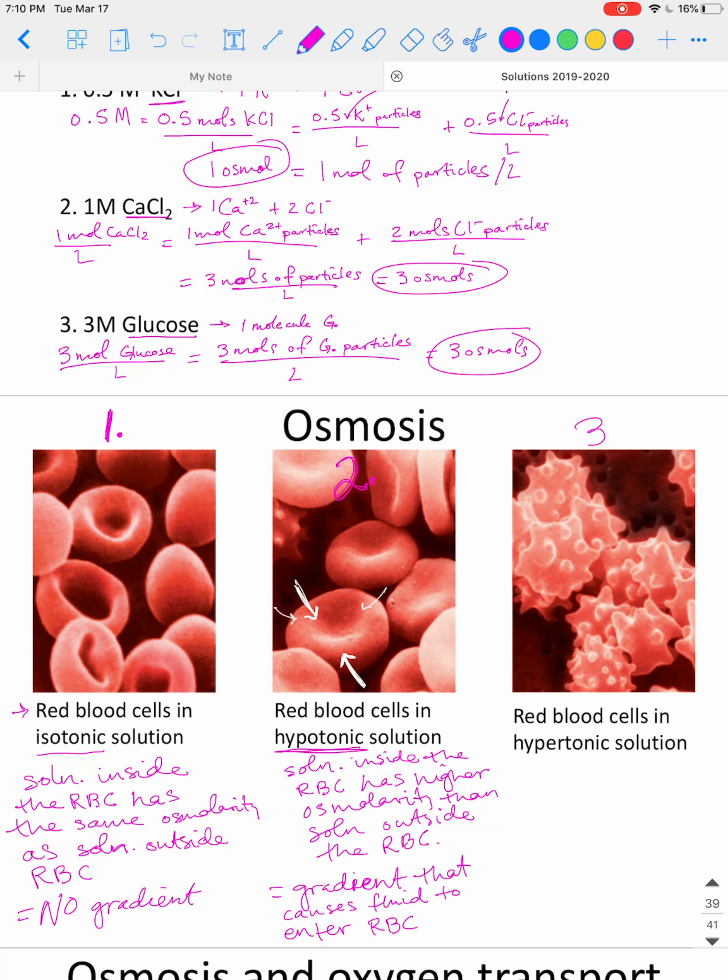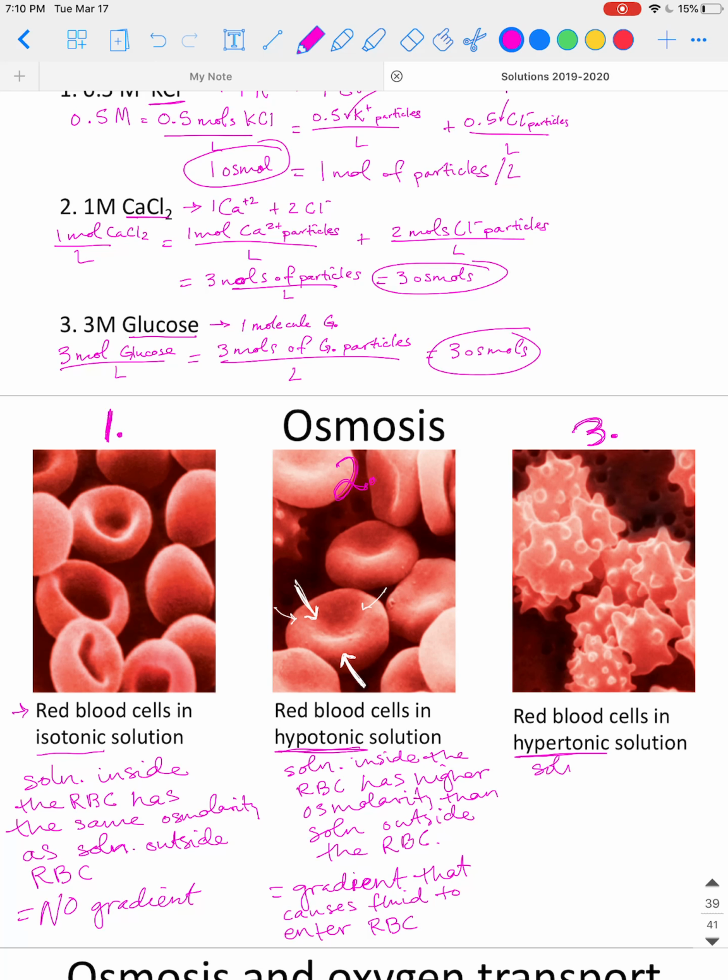Lastly, picture 3. Here you have these terrible looking shriveled red blood cells. These are red blood cells in what we call a hypertonic solution.